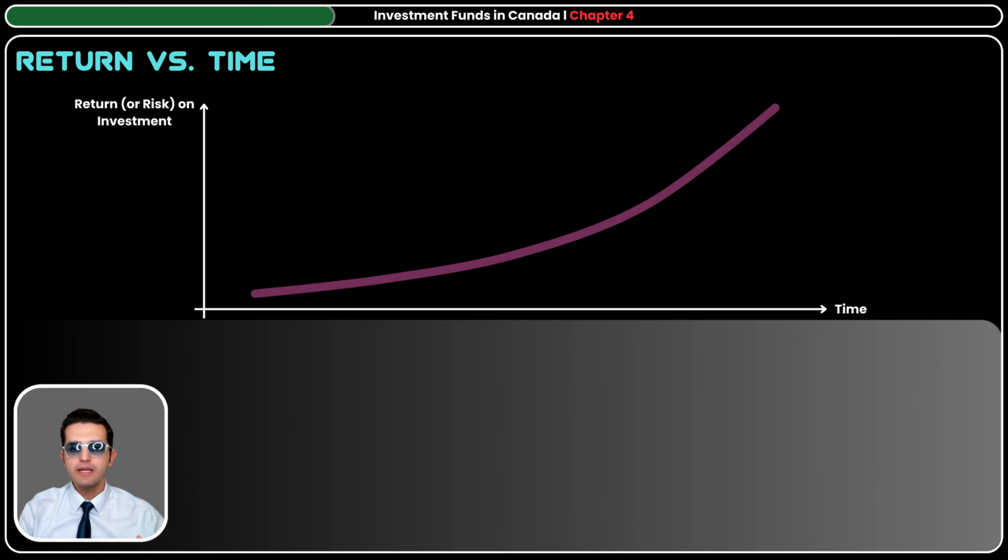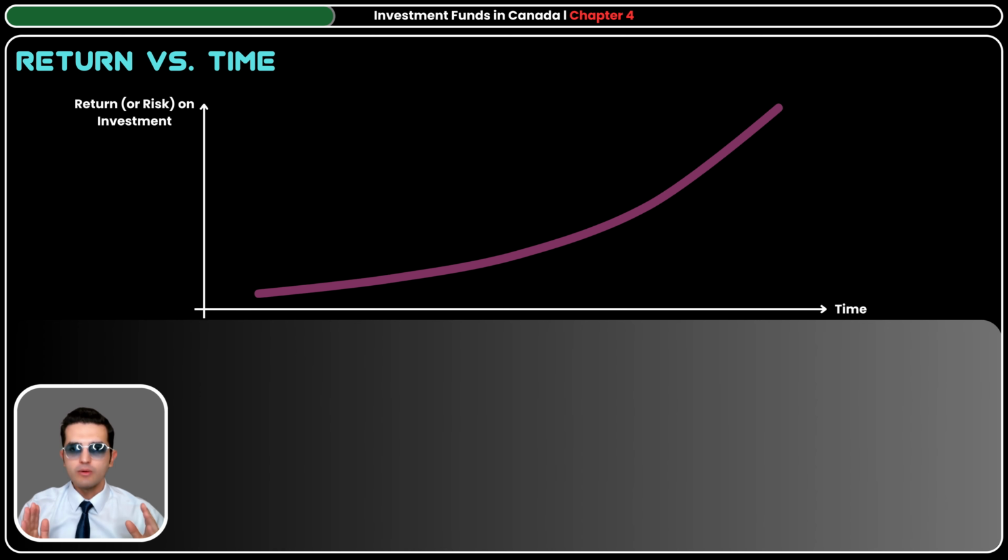We have divided this figure into three different parts: short-term investments, medium-term investments, and long-term investments. So as I said earlier, if an investment is long-term, you expect higher return. If an investment is short-term, you expect lower return.